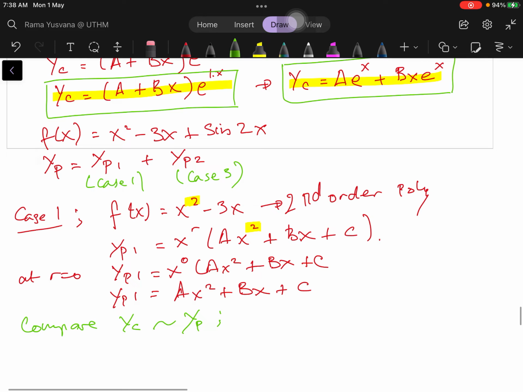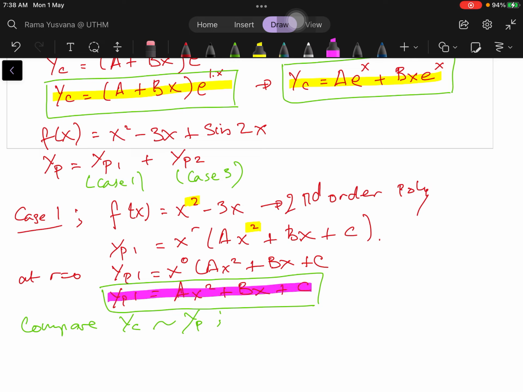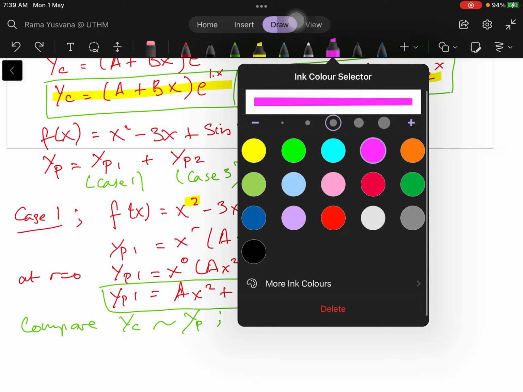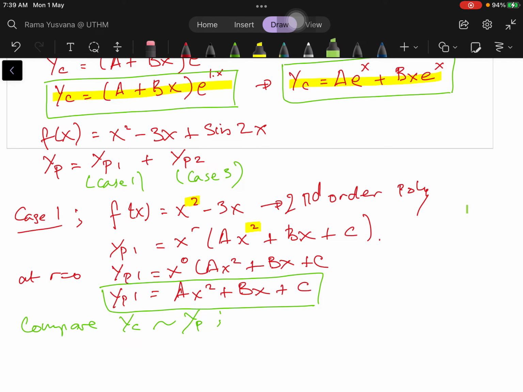In this case, let's also highlight that using a different color. Maybe this time I will change it into light green.